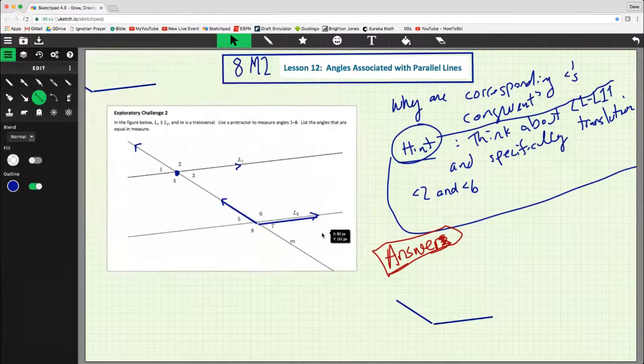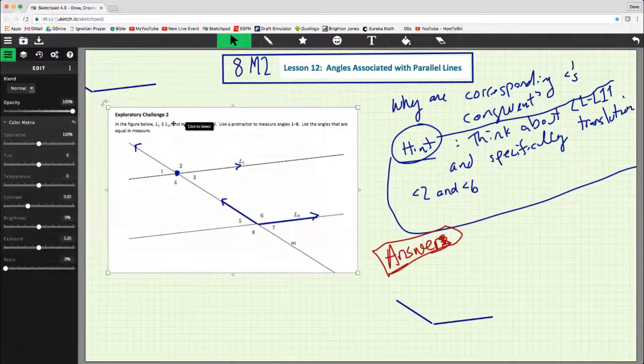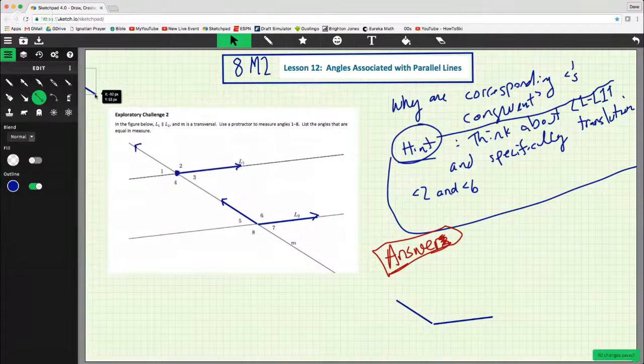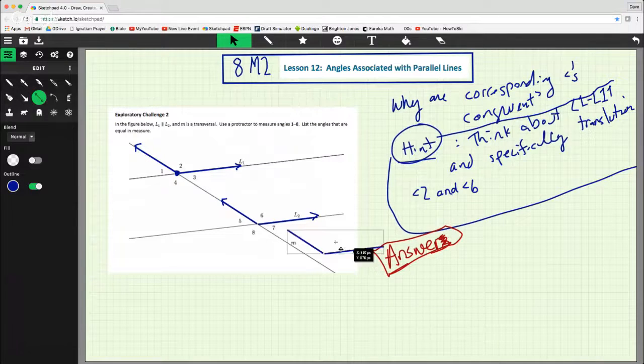So let's just do it like this. We had our angles here. Now watch. We took our angle here, and we're going to translate it along this line straight up to here.